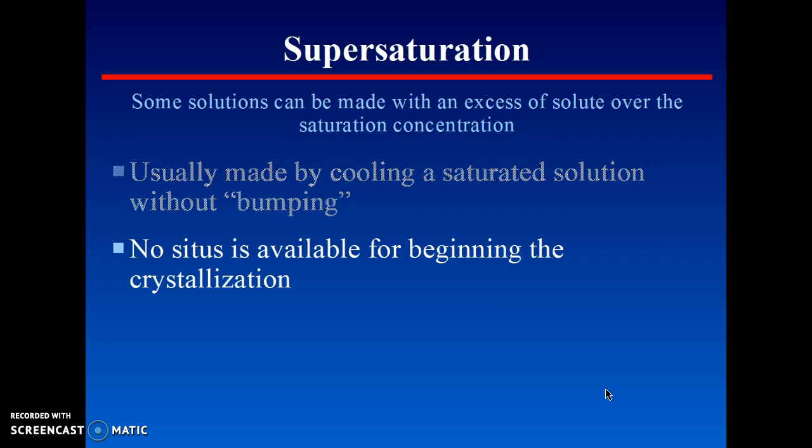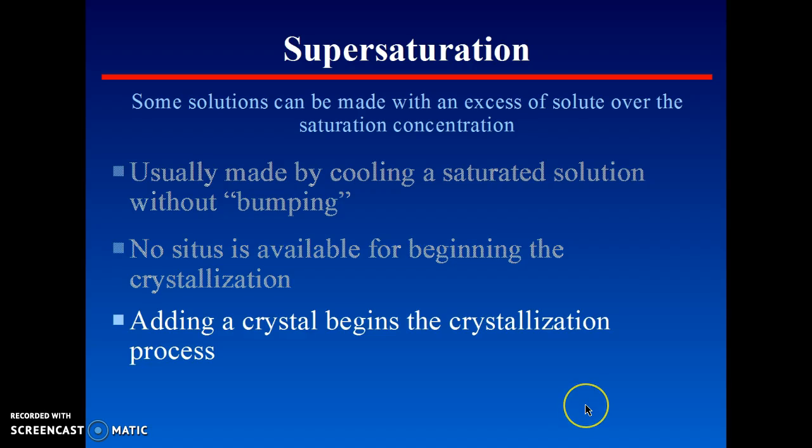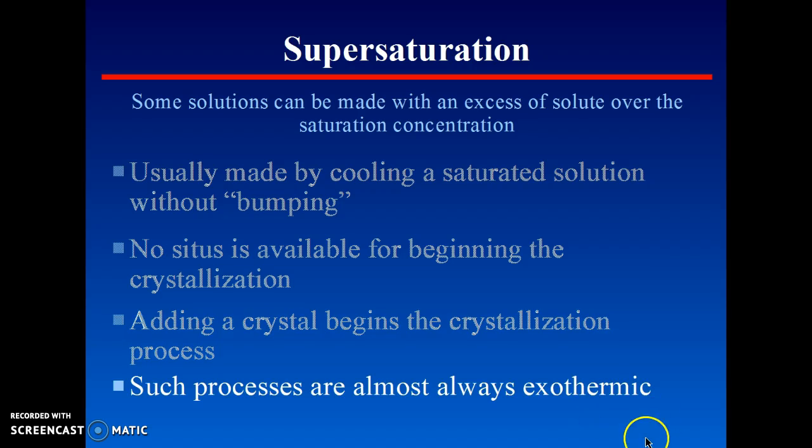If there's no crystals left, there's no site available for beginning the crystallization. There's no seed to start crystallization. If we do add a crystal or bump the supersaturated solution, then crystallization will proceed until you have a saturated solution, and the crystals will fall to the bottom of the container. Such processes are almost always exothermic.